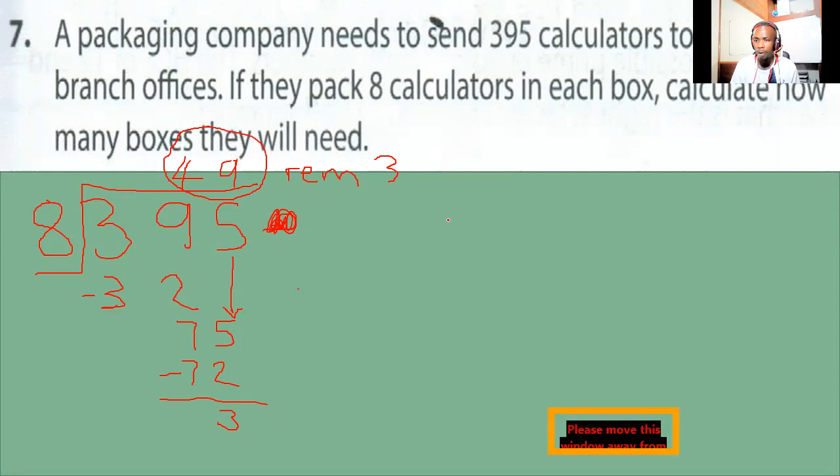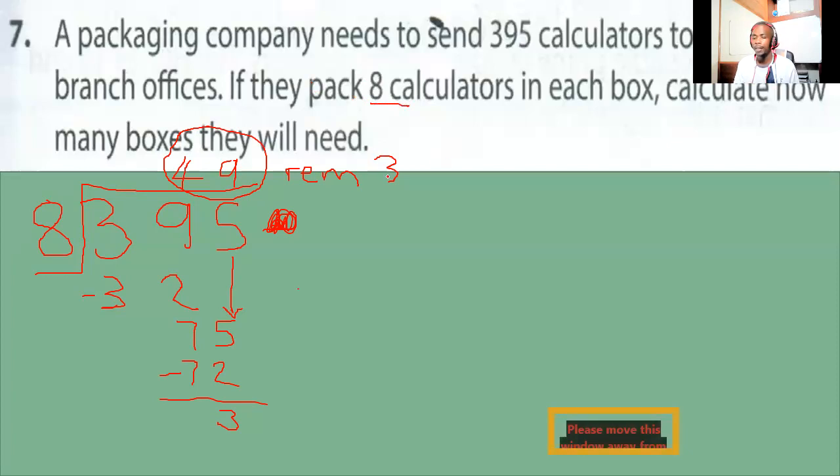So this number is the number of boxes we are going to have. 49 boxes, right? 3 calculators will remain without a box, or they will squeeze those 3 in other boxes. But for now, full complete boxes will be 49 of them, each box holding 8 calculators.